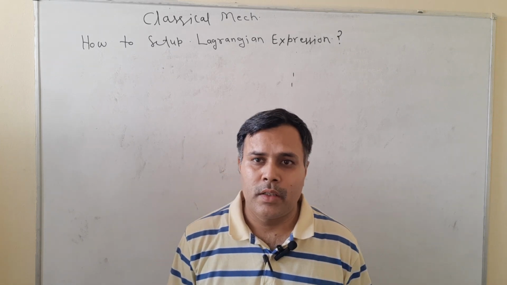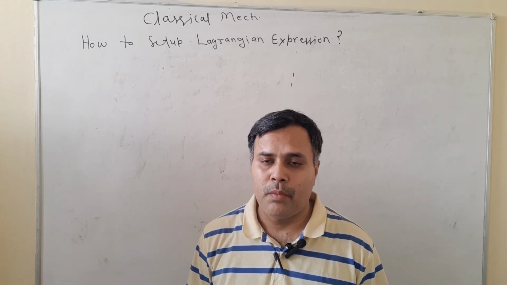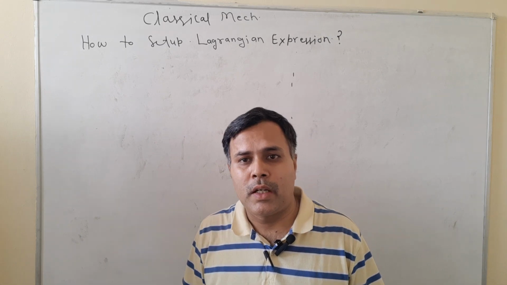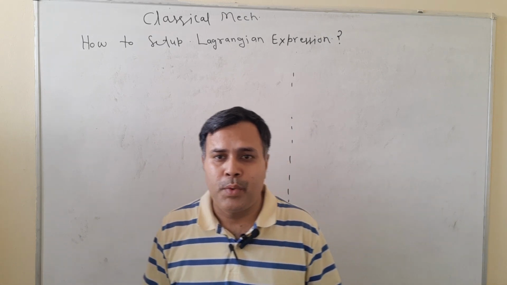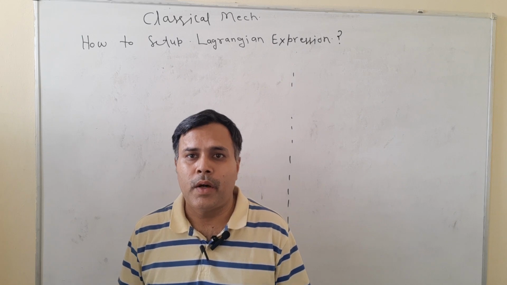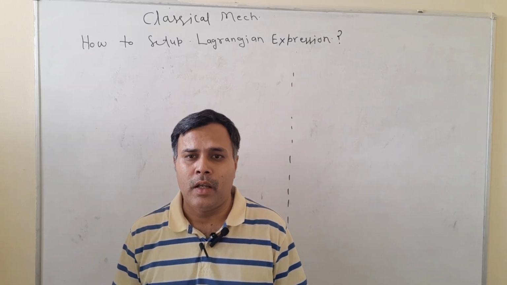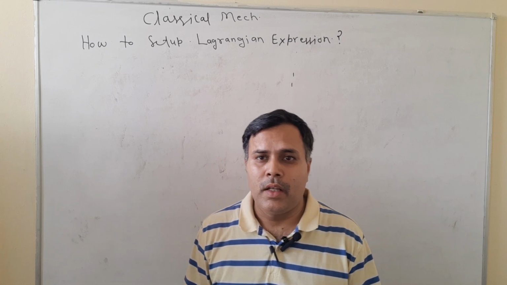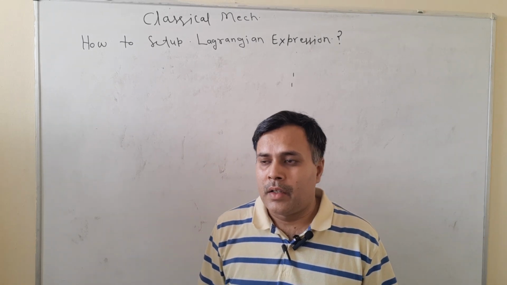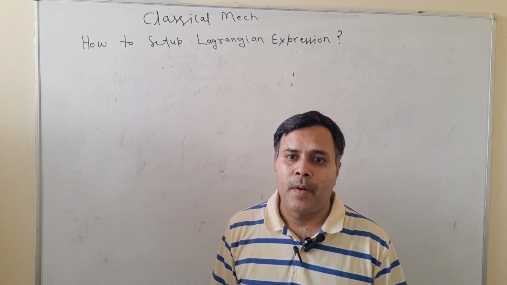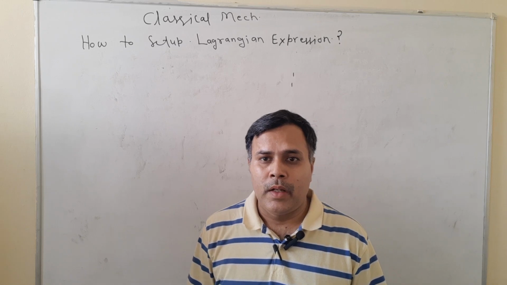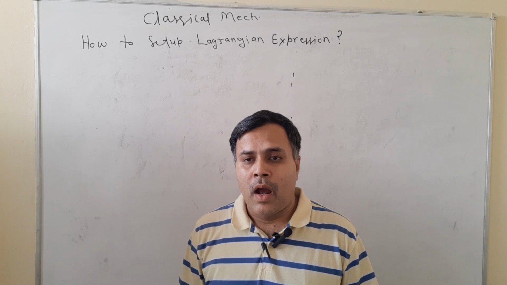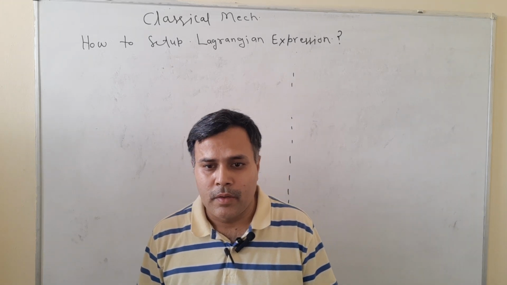In previous lectures we have only discussed the expressions of generalized coordinate, degree of freedom, and equation of constraints for a given Lagrangian expression. But in this lecture I will discuss the concept of Lagrangian for any physical system and how to construct a Lagrangian.